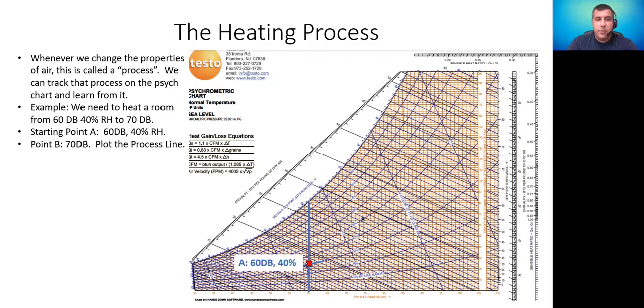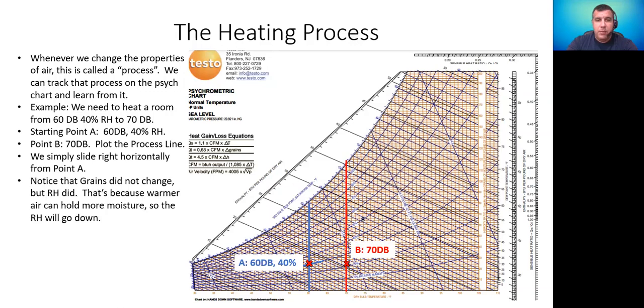So we're going to plot the process line. Here's our new dry bulb temperature there in red, 70-degree dry bulb. And here's our new line. So we went straight across from left to right. The line that connects those two points is called our process line. So we're simply going to slide right horizontally from point A to point B.